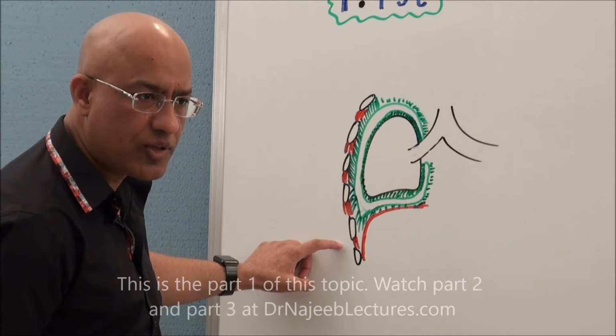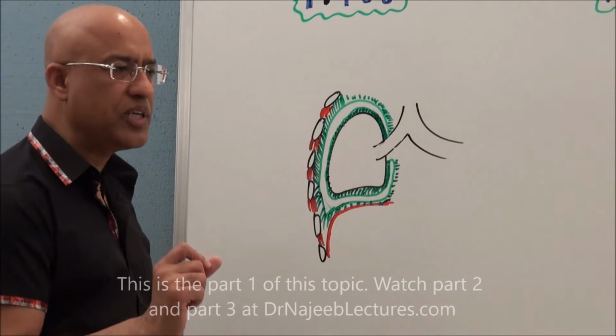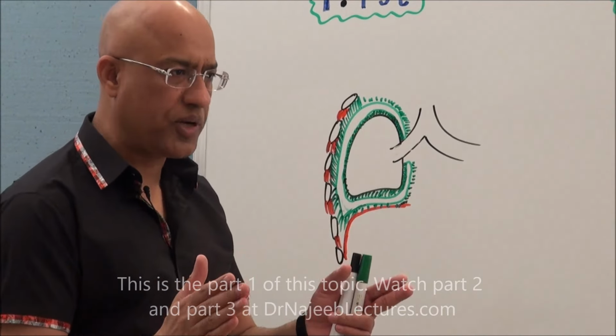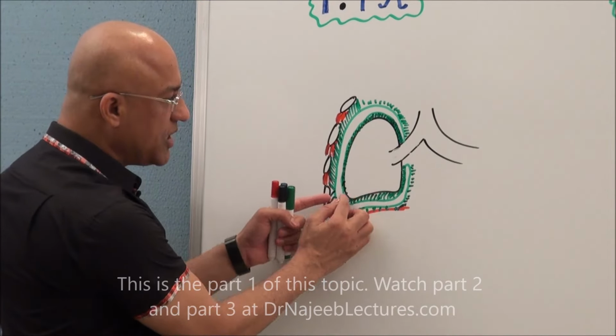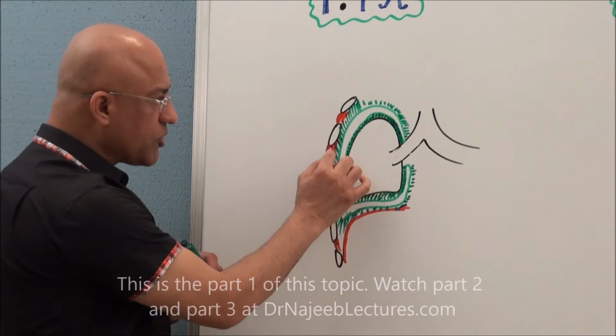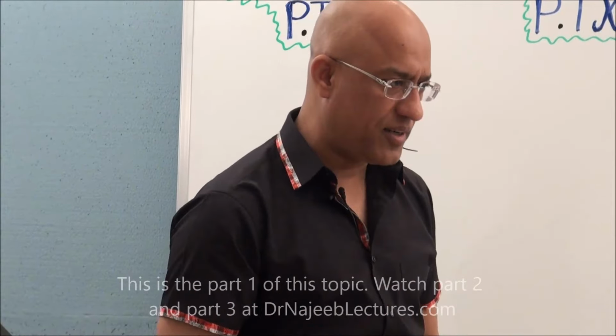Now, in between the two pleural layers, there is a potential space. Potential space means in real sense there is no space, but space can be created. These two layers of pleura can be separated. So there is a potential space with very little lubricating fluid.